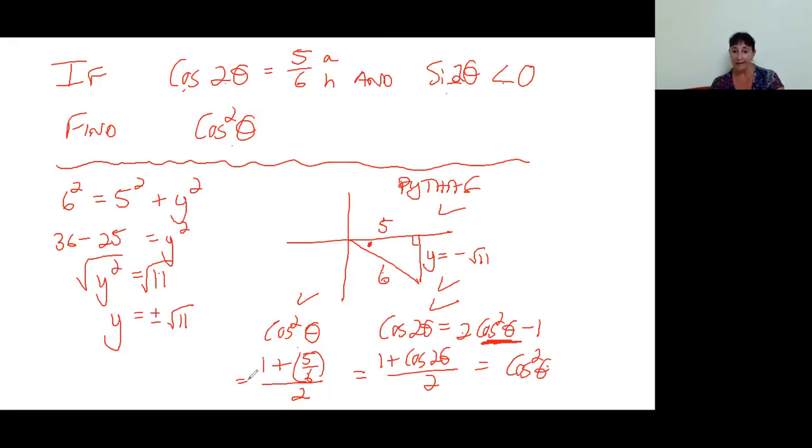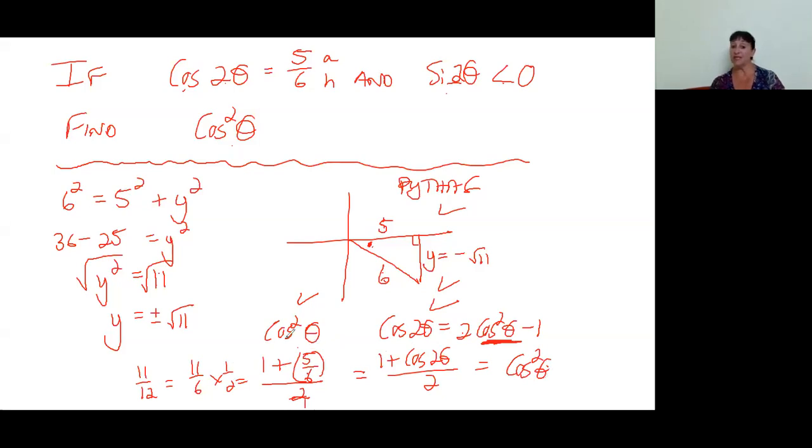Then you do an LCD or use a calculator, so it will be 11 over 6. You're dividing by 2, so you times by 1 over 2. So your answer will be 11 over 12. I'm trying to find cos squared.